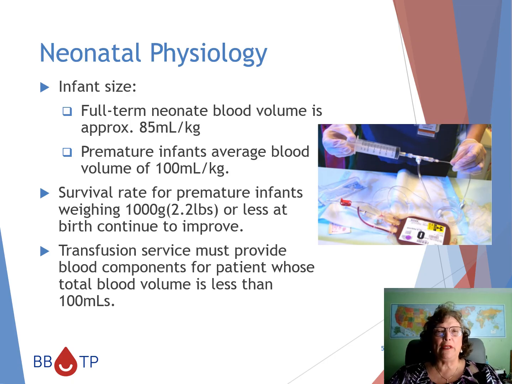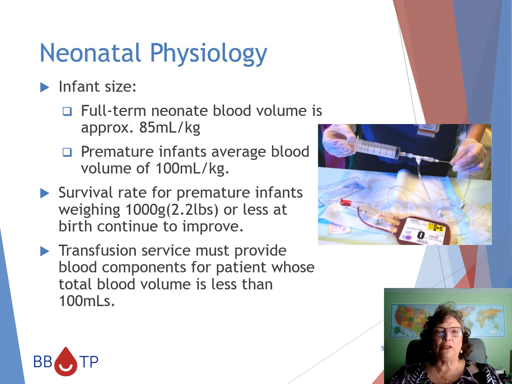When we talk about the neonatal physiology, for a full-term infant or a neonate, true blood volume is approximately 85 mLs per kilogram, whereas a premature infant's average blood volume is 100 mLs per kilogram.